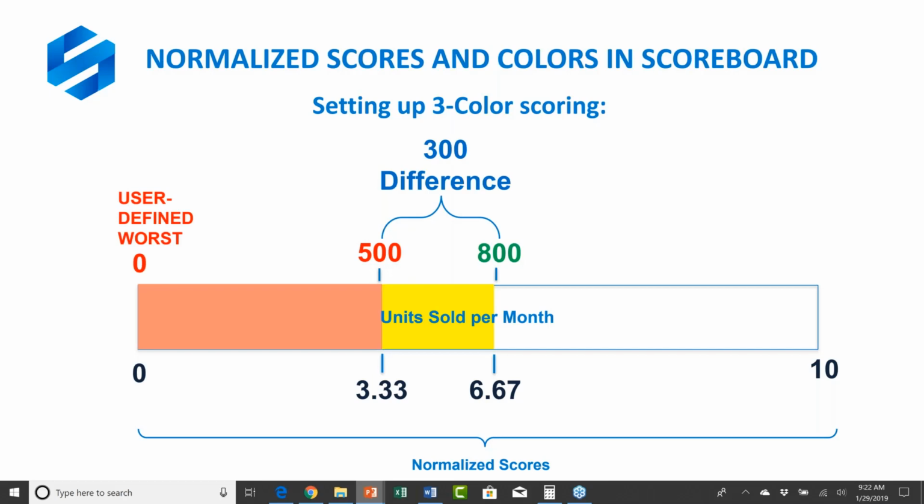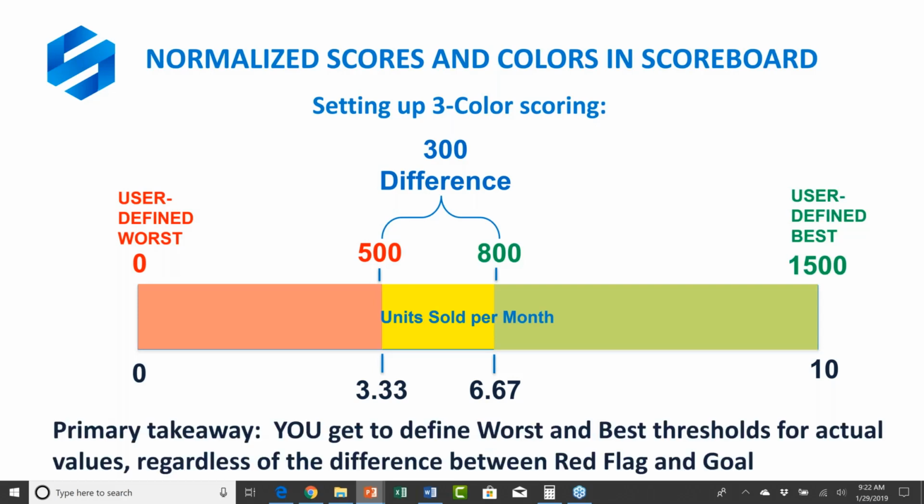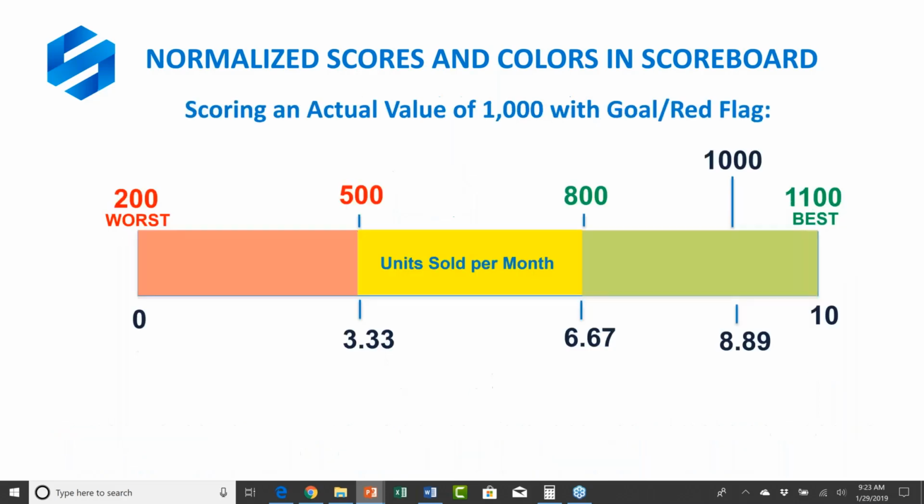But going forward, it's your job to define the worst value. In this case, we set it at 0. And it's your job to define the best value, which will be aligned with 10. So 0 will go to normalized 0. 1500 will be a normalized score of 10. And again, the primary takeaway or the big difference here is that you get to define the worst and the best thresholds for the actual values, regardless of that difference between the red flag and the goal values.